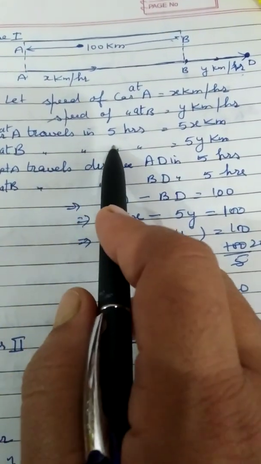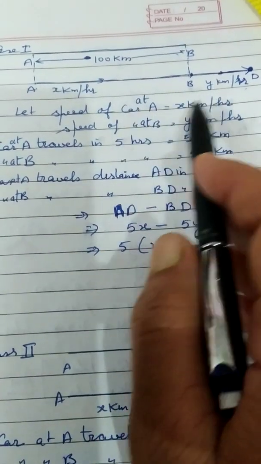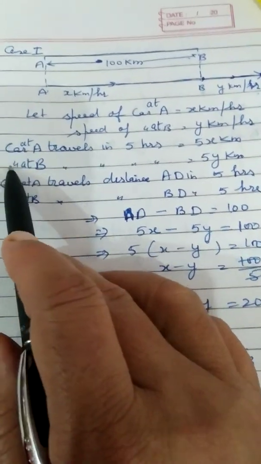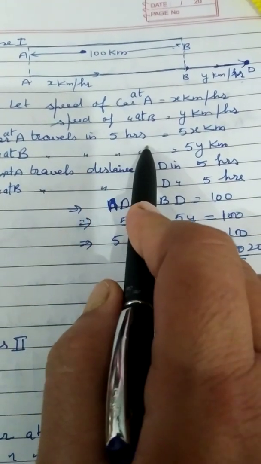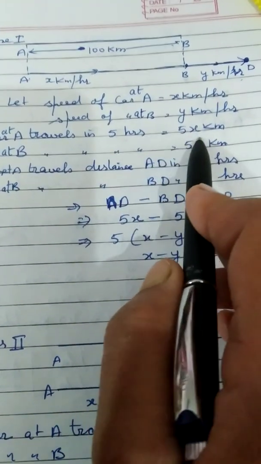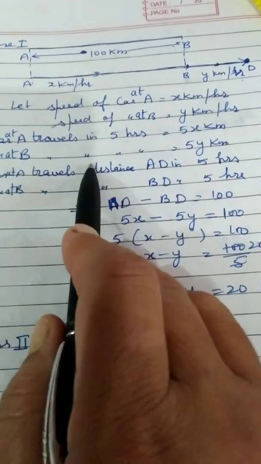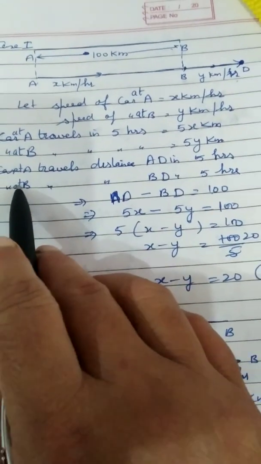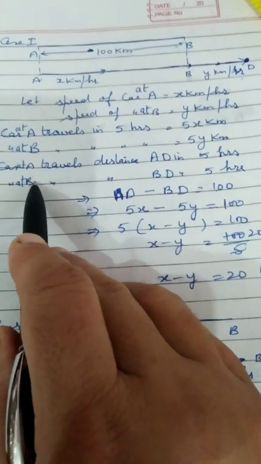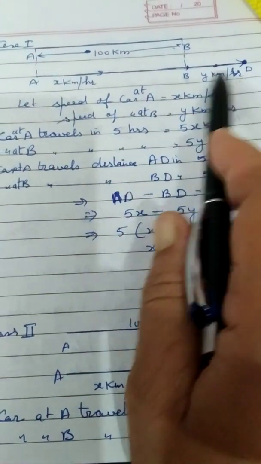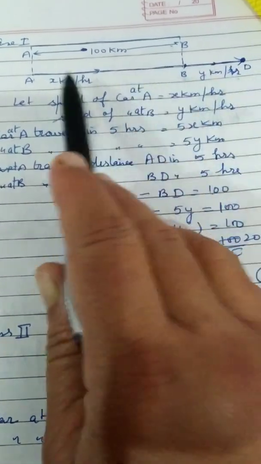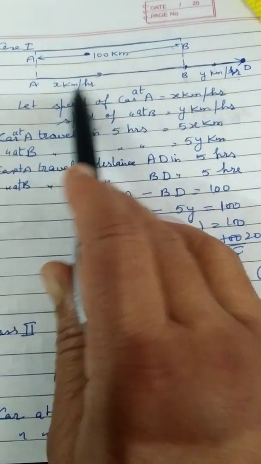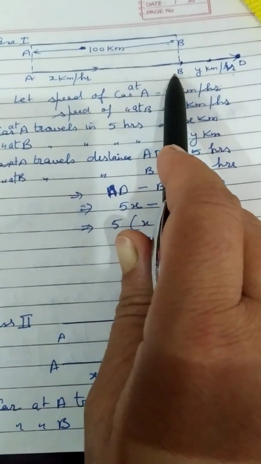Both cars meet after 5 hours. The car from A travels 5 hours, so the distance it travels is 5x. The car from B travels 5 hours, so 5y. So AD minus BD is equal to AB.